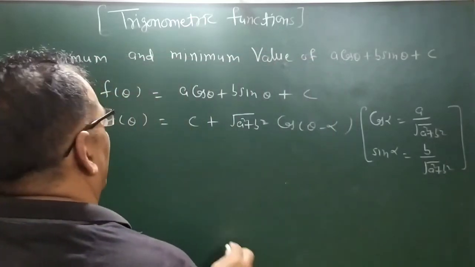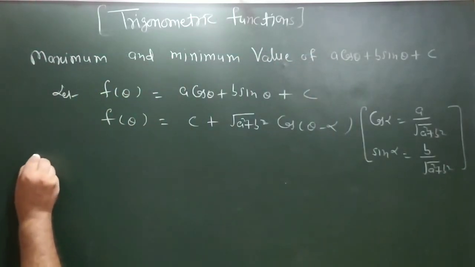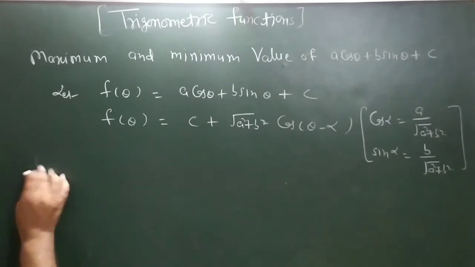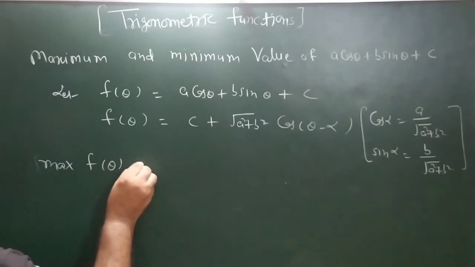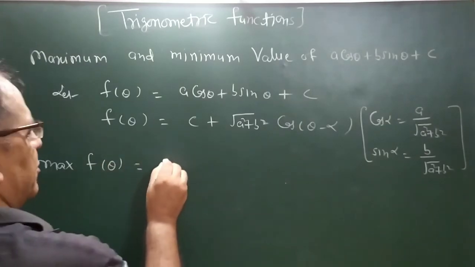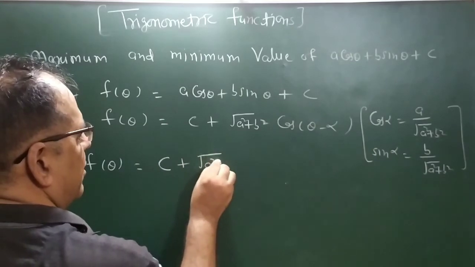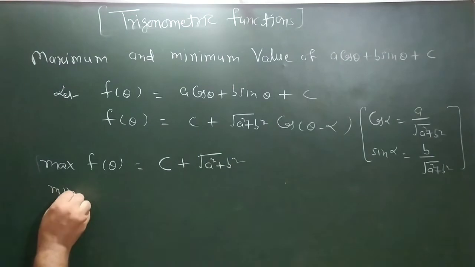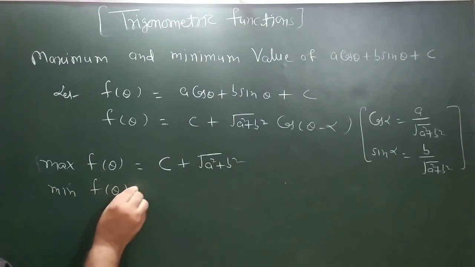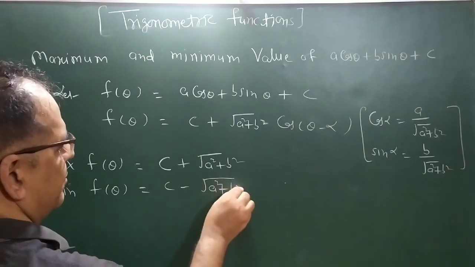So the maximum of f theta is given by c plus under root of a square plus b square, and the minimum of f theta is given by c minus under root of a square plus b square.